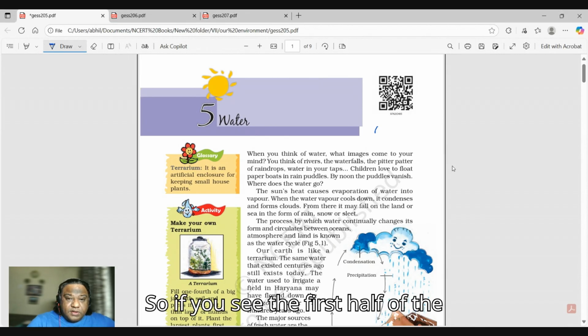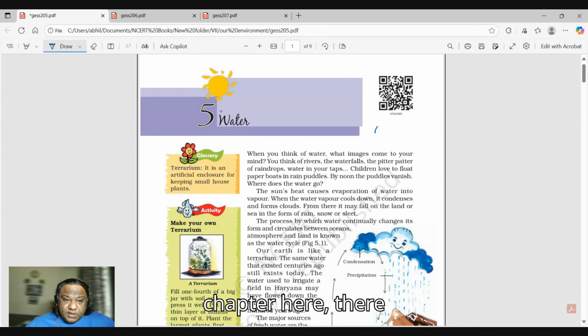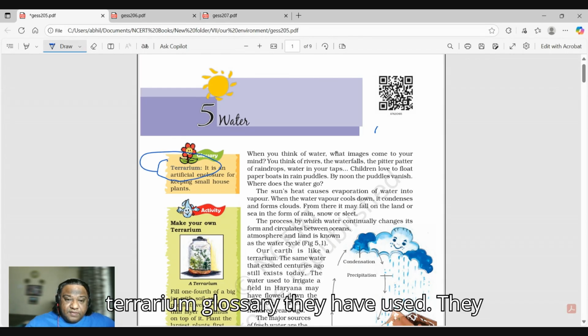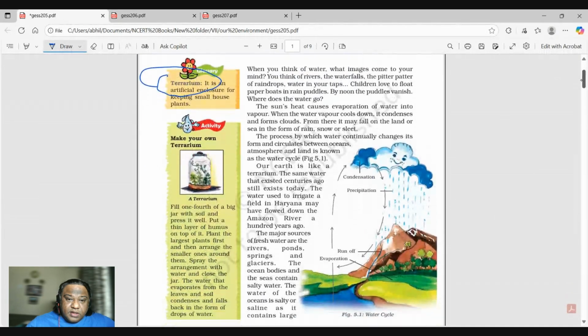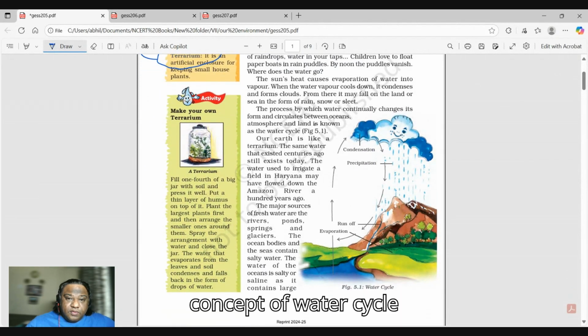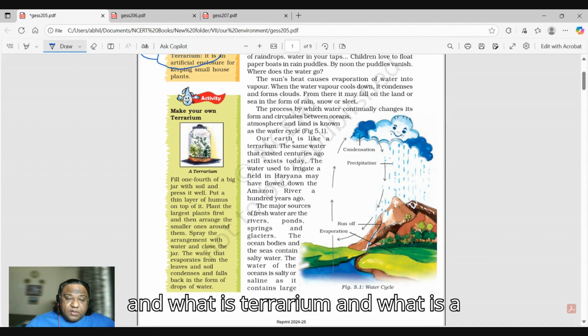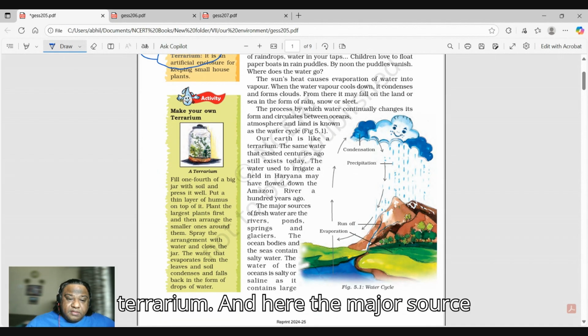If you see the first half of the chapter here, there is a glossary they have used. They speak about the concept of the water cycle and what a terrarium is.